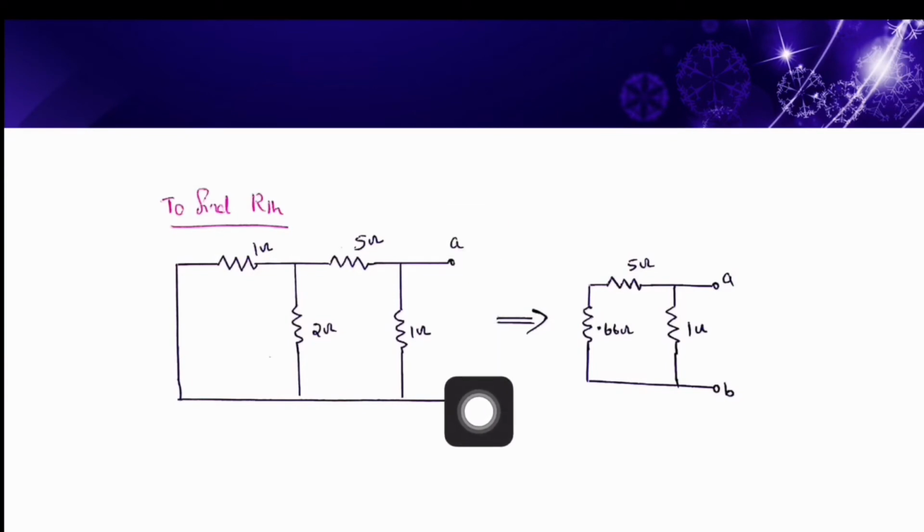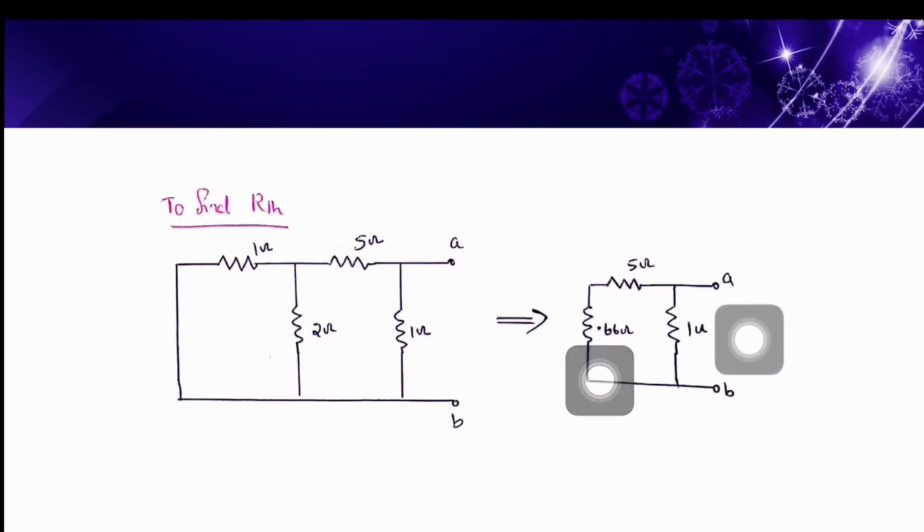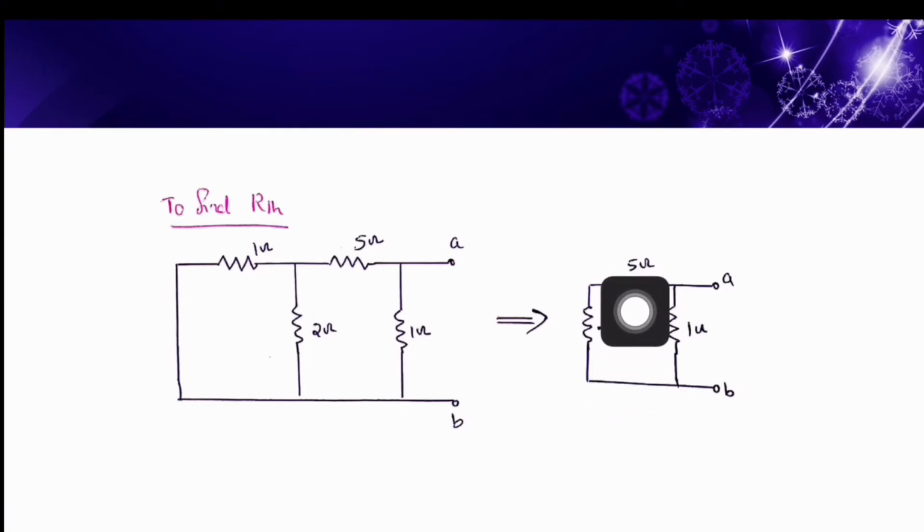When we look from this side, this 1 ohm and this 2 ohm are connected in parallel. So we replace this portion of the network with its parallel equivalent resistance, 0.66 ohm. Again, when we look from this side, this 0.66 ohm and this 5 ohm are connected in series.